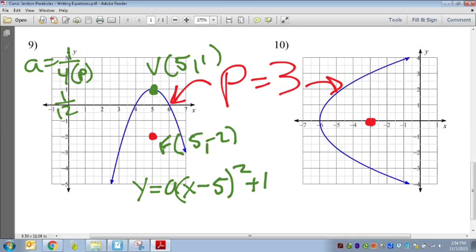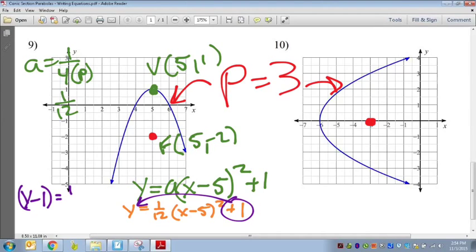So I'm going to put 1/12 in front. And then the last step is I'm going to move the 1 over here because this is a conic section parabola. So it's going to be y minus 1 equals 1/12 times x minus 5 squared. Okay, so that is how you do all these sets of problems.